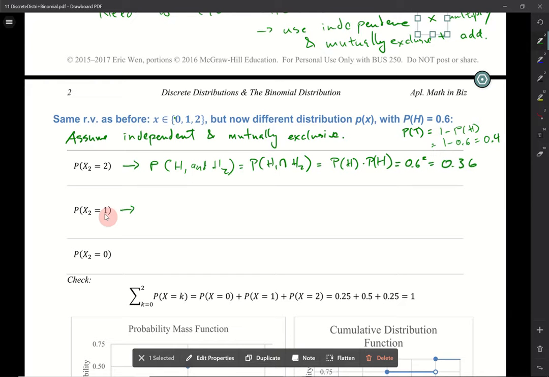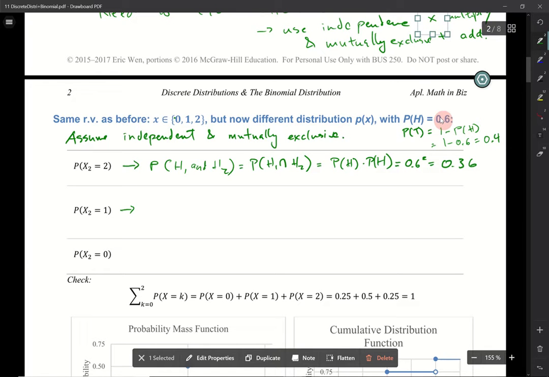So how do we do that? What's the probability of exactly 1 head on 2 tosses of a coin? And oh, by the way, I guess we shouldn't say coin.